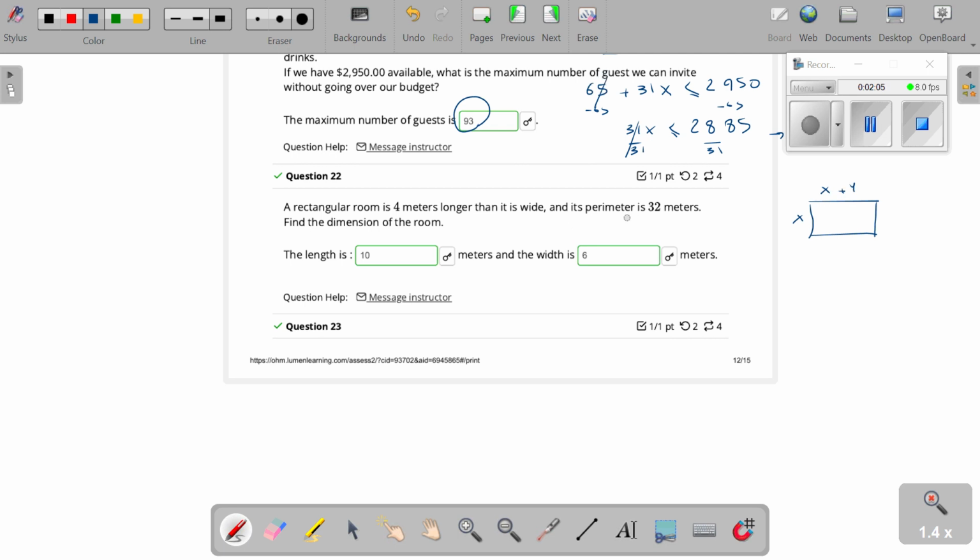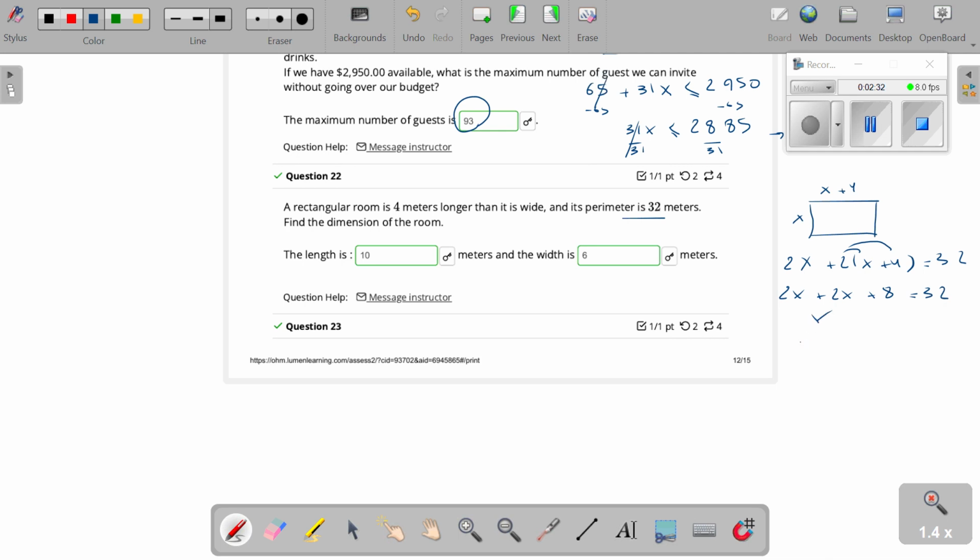Now we know that the perimeter is 32. What is the perimeter? Perimeter is 2 times the width plus 2 times the length, X plus 4. And this is equal to 32. So all we need to do is solve this for X. So I have 2X plus, distributing, 2X plus 8 equal to 32.